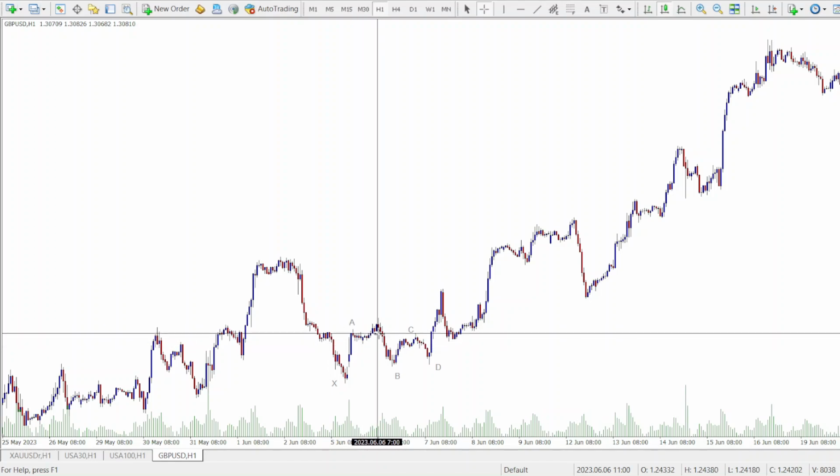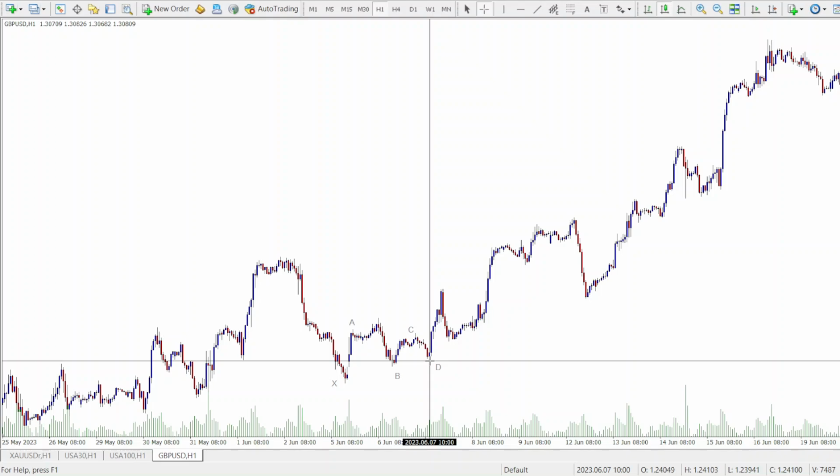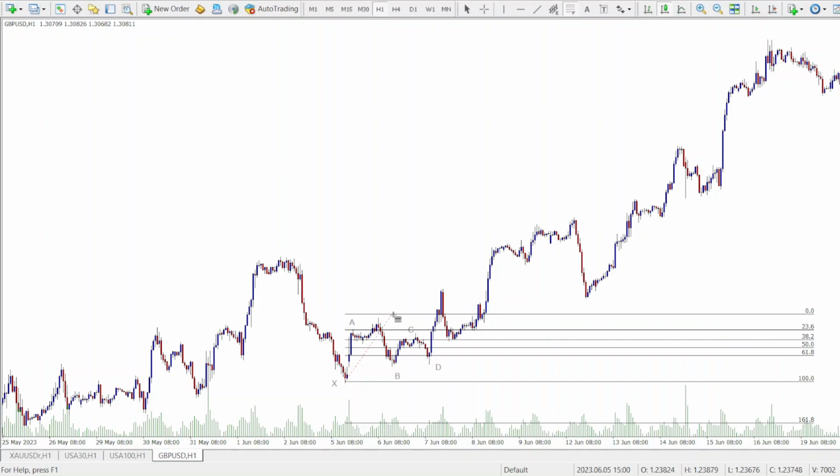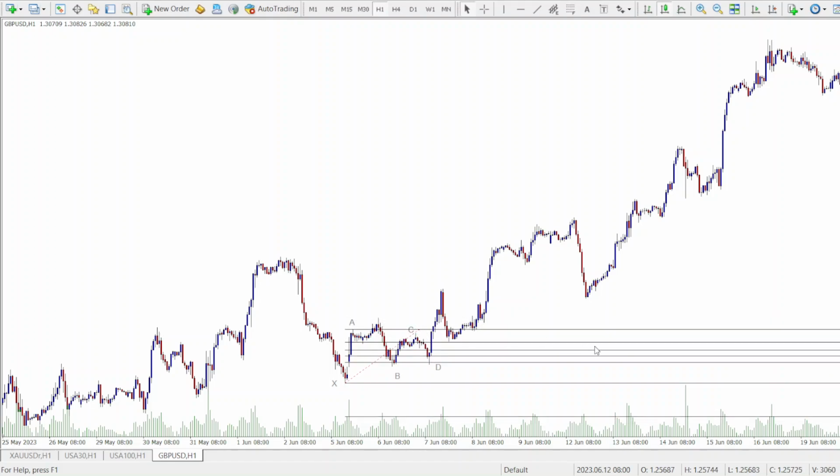Like we can see that point D retraced. Let's just use the Fibonacci to confirm this. We can see that point D retraced over about 61.8% of XA. We can see that this is XA. Well, the point where point D retraced to is about 61.8% of XA.